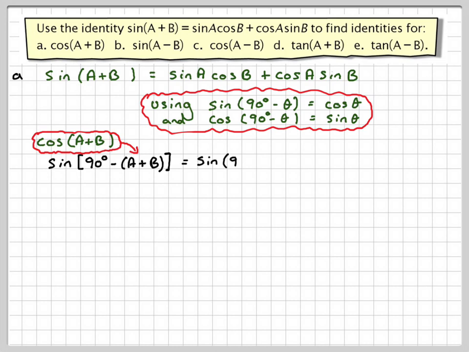Then we're going to say that the sine of 90 minus A minus theta, and I'm going to let 90 minus A be equivalent to A, and minus B be equivalent to B in this identity up here.